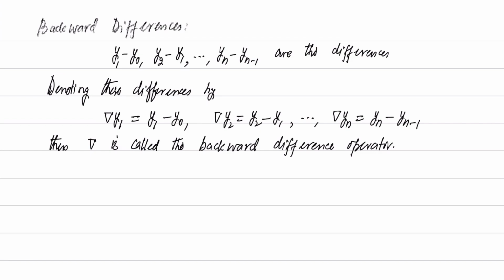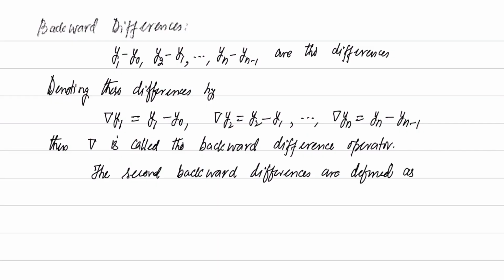Now similarly, we can define the second backward differences and third backward differences. We will not write too many details. The second backward differences are defined as delta square of y2, then delta square y3, and so on up to delta square yn.